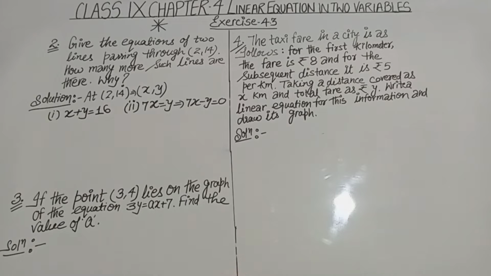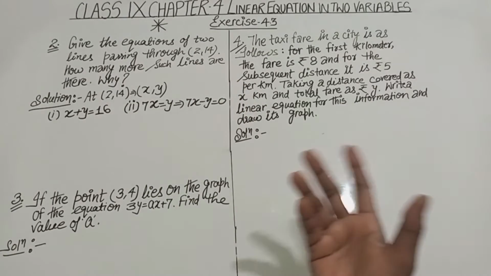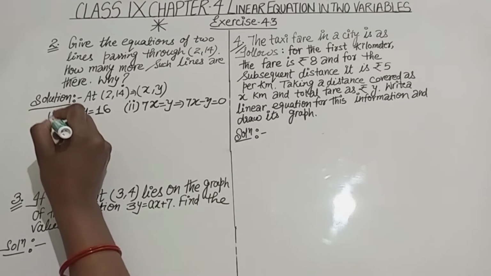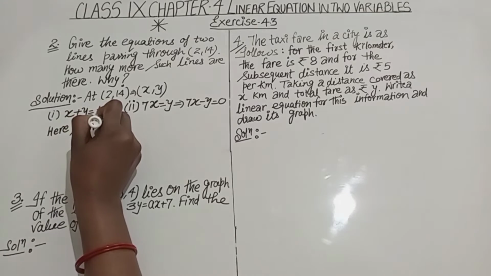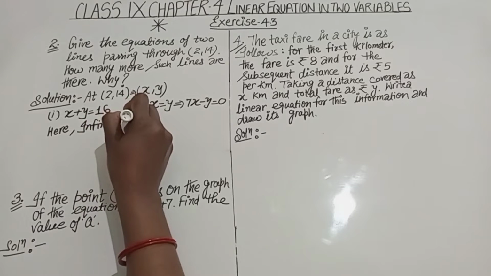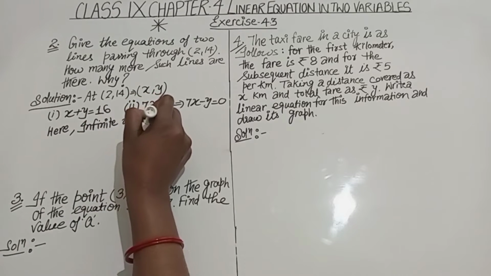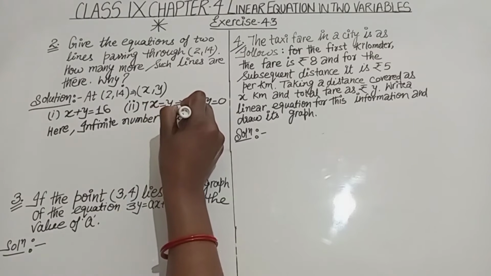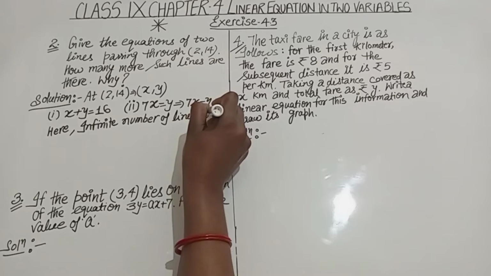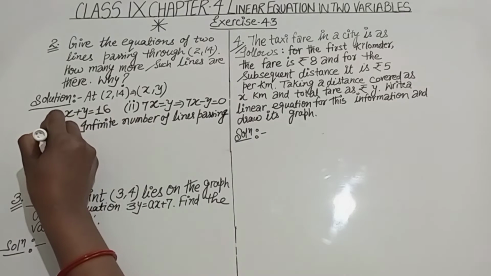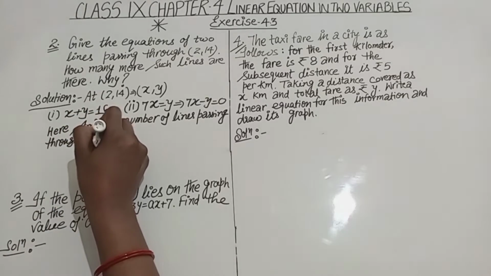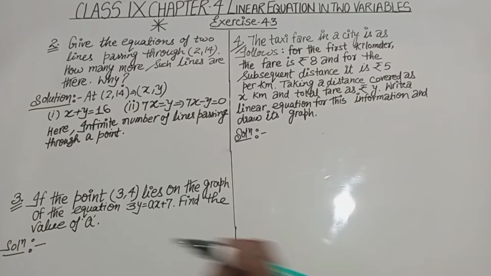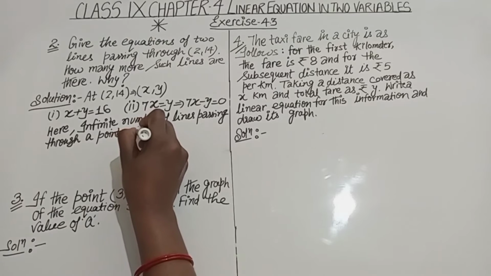The second part asks how many more such lines there are. So infinite number of lines pass through a point. Any point, an infinite number of lines pass through it.